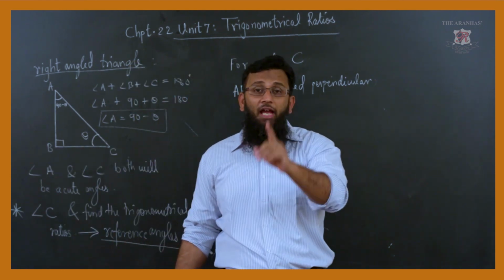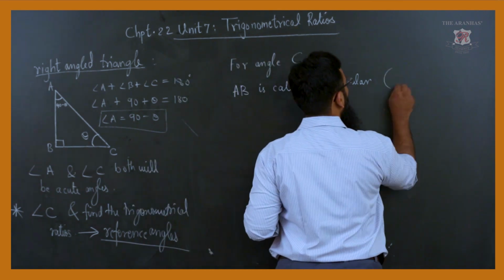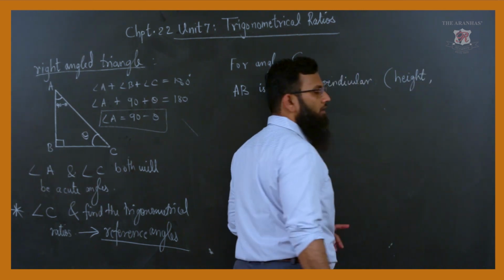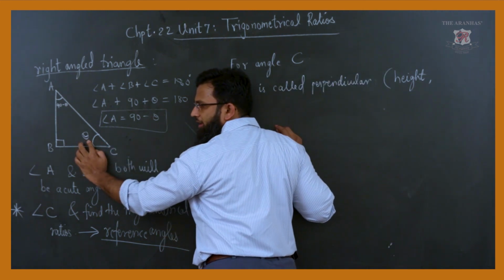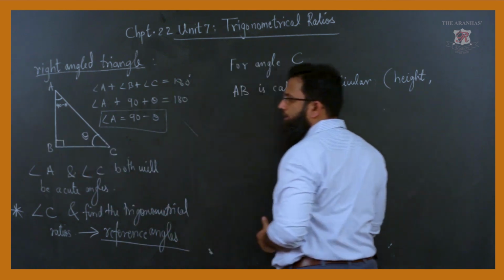But along with this, I will tell you a few more things. AB can also be called height, or remember one thing, if this is the reference angle, is the side AB opposite to the theta side?